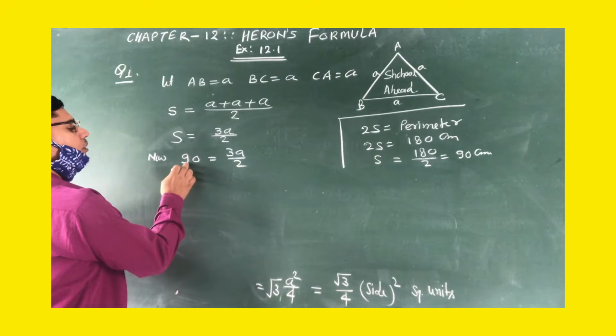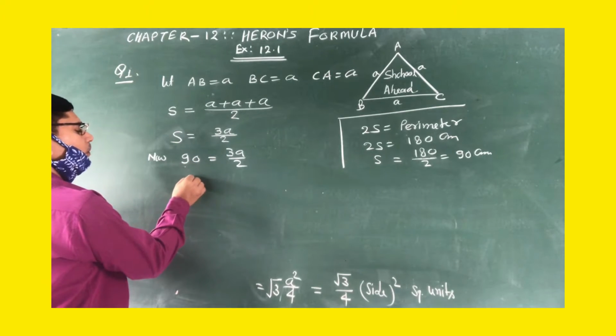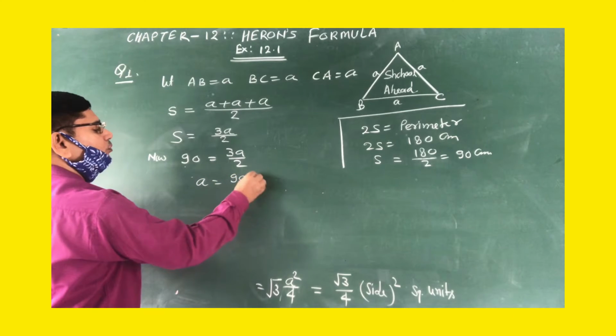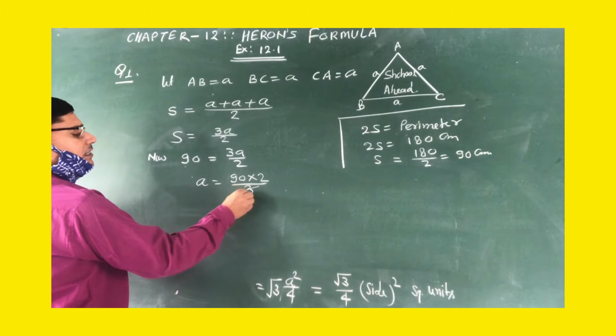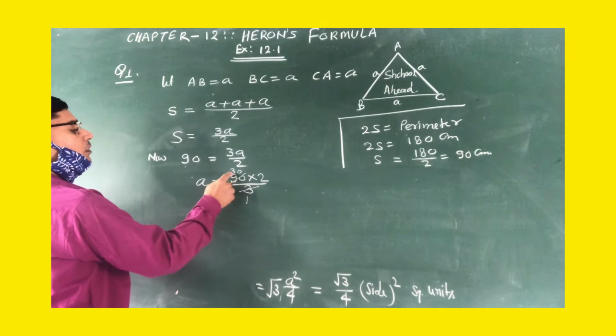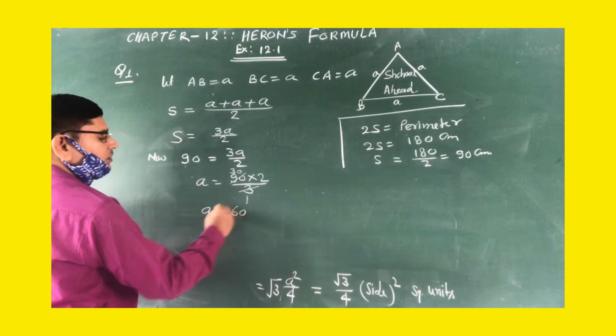Transpose this 2 to the left hand side and 3 also to the left hand side. So you will get a equal to 90 into 2 divided by 3. 3 ones are 3, 3 threes are 9, and 0. 3 twos are 6, means a equal to 60.